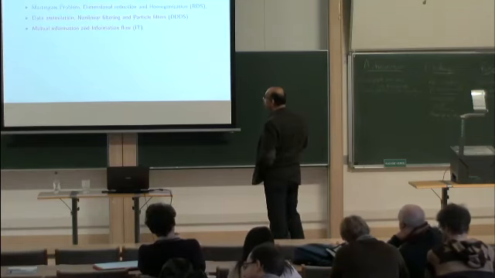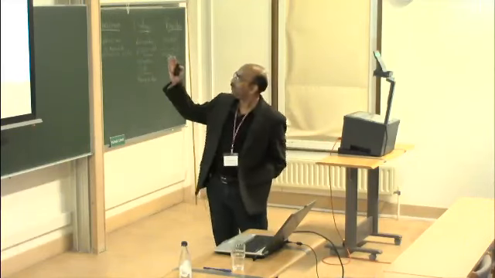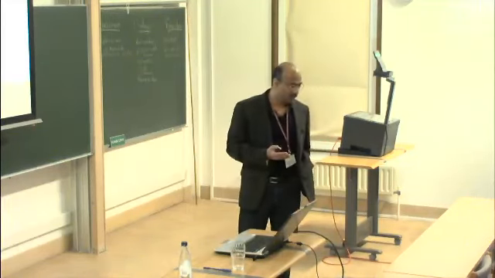And I will try to thread three basic ideas. One is from random dynamical systems, which is called a martingale problem. The martingale problem is what we will use in homogenization. The second idea has to do with nonlinear filtering, which is a stochastic partial differential equation that comes from data-driven dynamical systems.